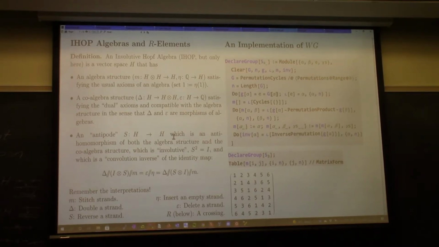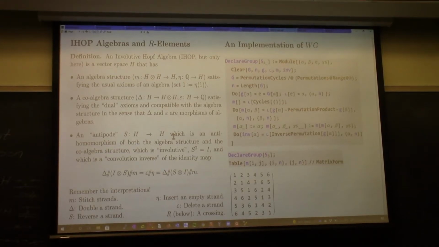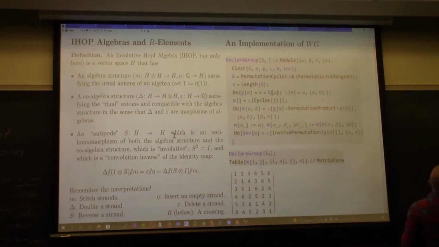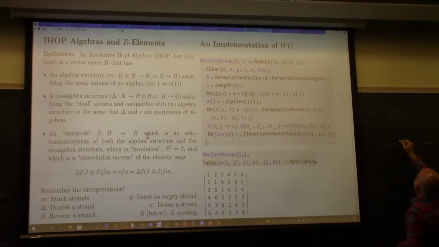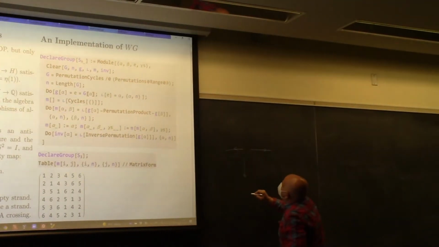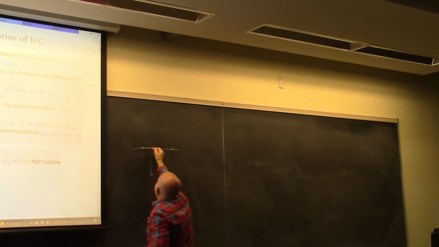I'll skip epsilon and mention the antipode. The antipode is strand reversal, and it's an anti-homomorphism of algebras. Basically, if you have two strands, they should be oriented in a compatible way.